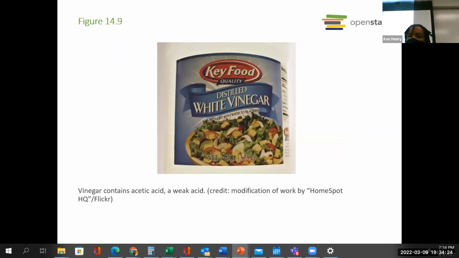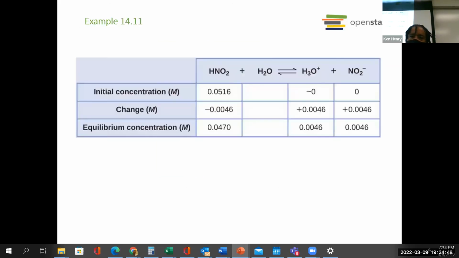Okay, you guys already know about vinegar. Vinegar is acetic acid. Vinegar is a carbon-based acid, and the majority of carbon-based acids are weak acids, so we know that vinegar is a weak acid. Also, we drink it and put it on our food.